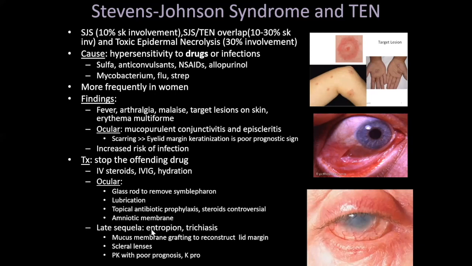In situations where all measures fail and you have severe cicatrization, you have keratinization of the cornea, then the only way out for restoration of vision is doing keratoprosthesis. That is in situations where ocular surface lubrication is fair to good. If you do K-Pro and ocular surface lubrication is bad, it still may not work in the long term.